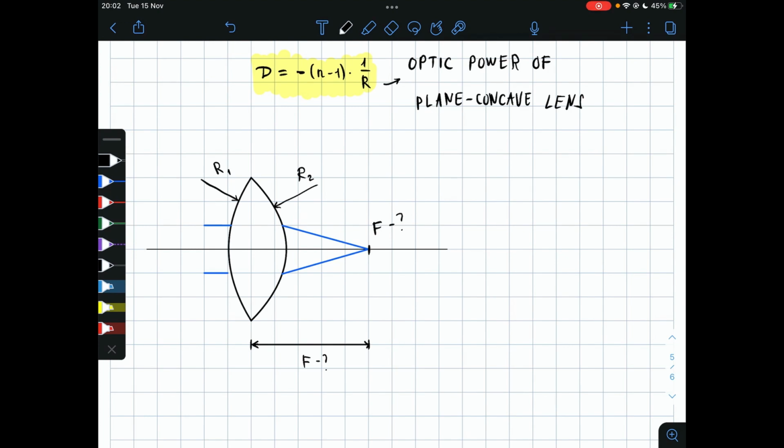Now let's split our lens. Imagine we split our lens, and it will consist of two lenses. The first lens will be this lens. This is our first lens, and it has a plane surface.